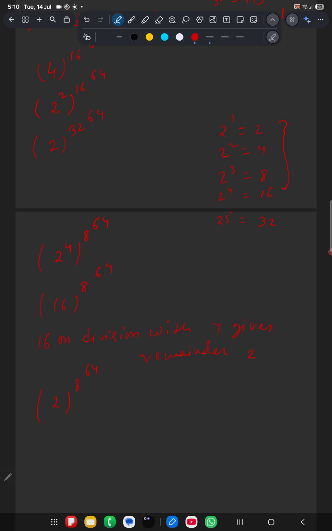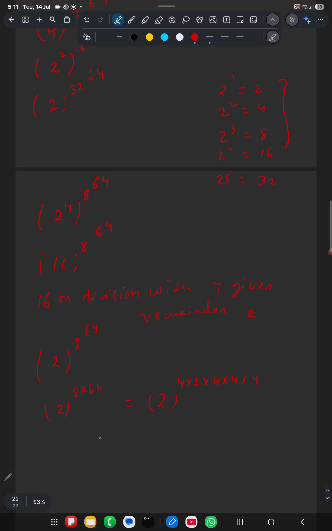Again the same thing. This time we will do 8 into 64, and this can be written as 4 into 2 into 64, like this: 4 into 8, and 4 times 16 is 64.